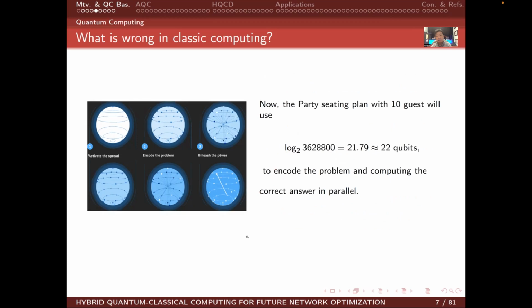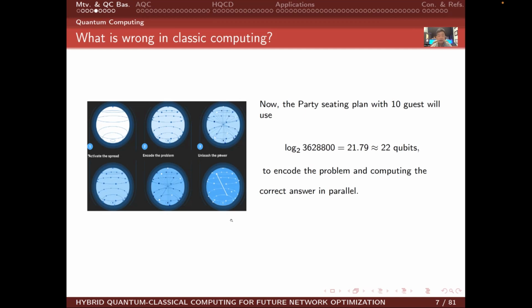Now the party seating has 10 guests. In this case, instead of 3 million, we only need 22 qubits to represent it. So the complexity is much lower, and we just need one round and 22 qubits to generate the parallel universe in the first part, encoded with our problem, so that the global optimal will have a higher probability in the second step, and then we sample at the third step.